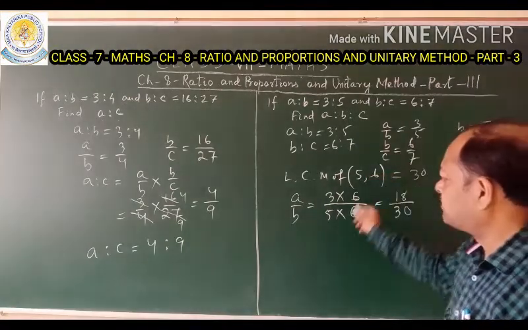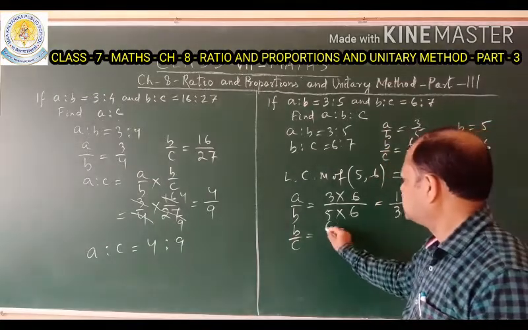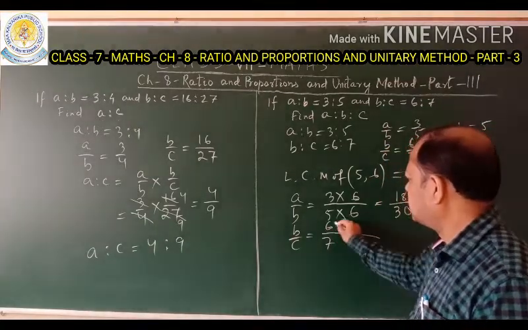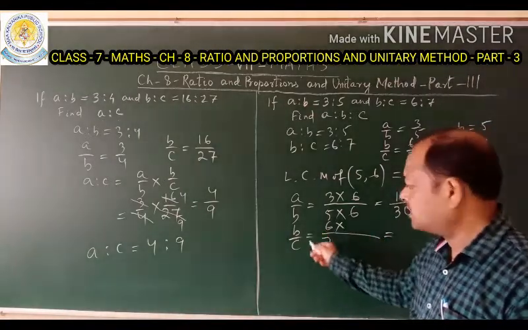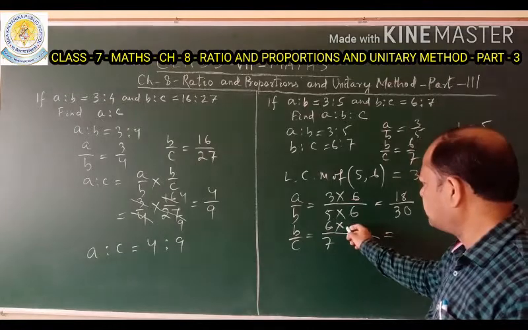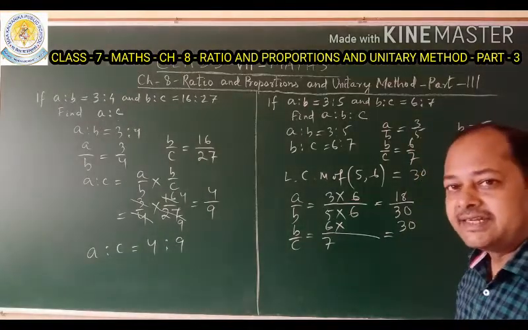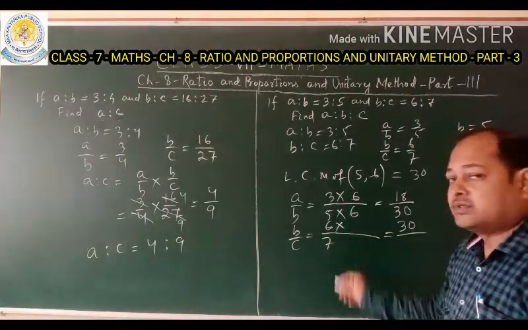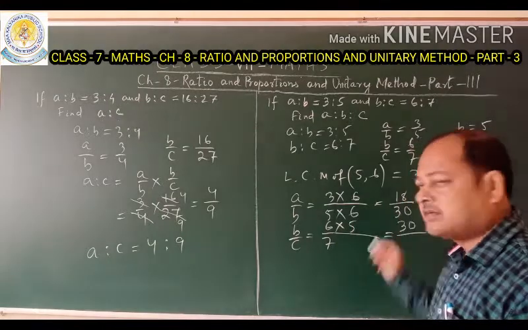Similarly, for B upon C, you can write B upon C equal to 6 upon 7. Here, you have to make the B value. Here B is the numerator. So multiply here which value with 6 so that you will get the numerator 30? We know that if you multiply 5 with 6, you will get 30.